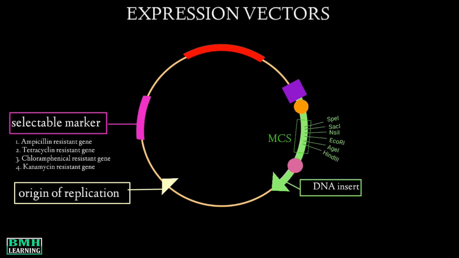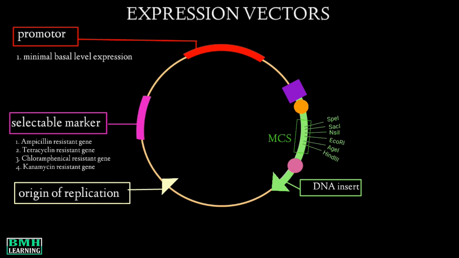Then coming up the most important element, the transcriptional promoter. So what is a promoter? It's a region of DNA that controls the transcription of a particular gene. Now these are the qualities of a good promoter. It must have minimal basal expression level. That means tight regulation of the promoter should be there.